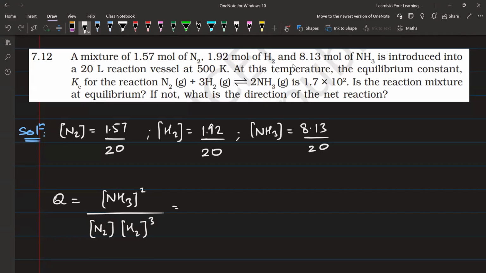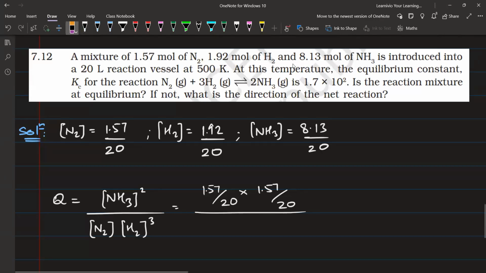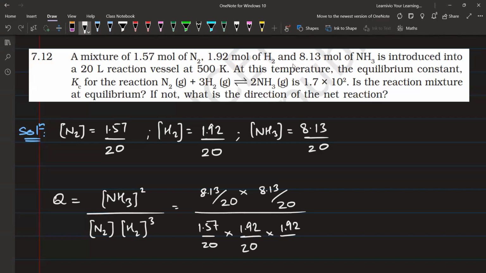So ammonia is what? Ammonia is 8.13, my bad, upon 20 into 8.13 upon 20. This whole thing is divided by N2, which is 1.57 divided by 20, multiplied by H2, which is 1.92 divided by 20 into 1.92 divided by 20.